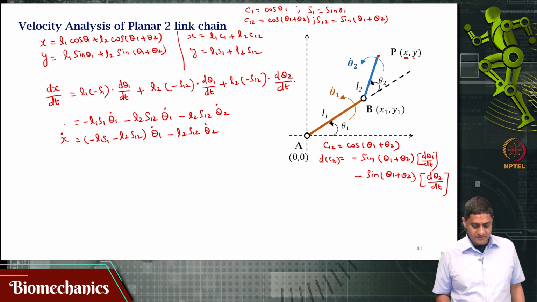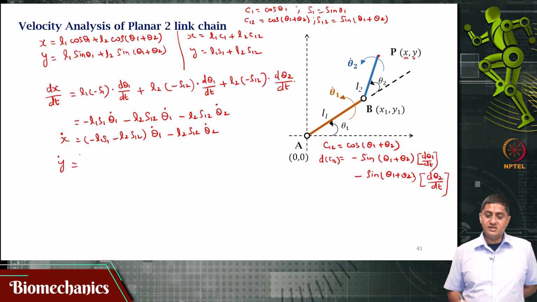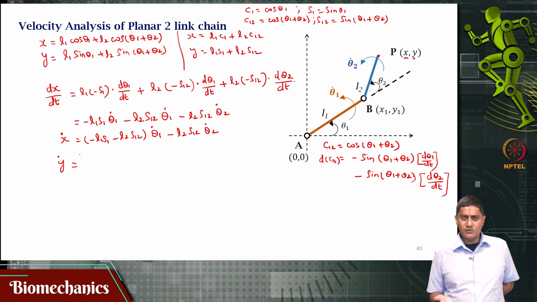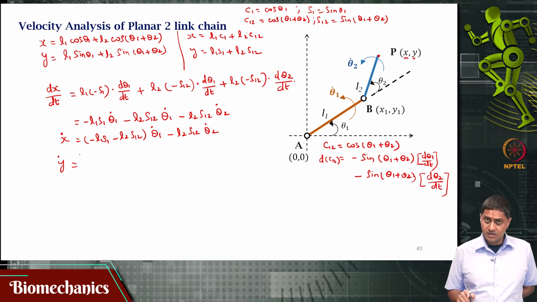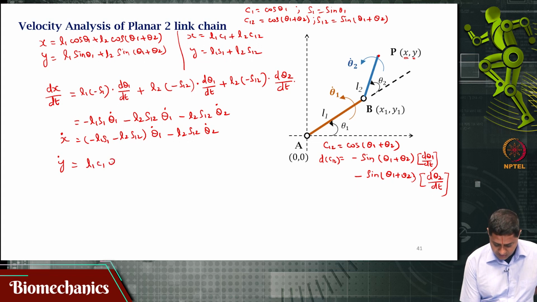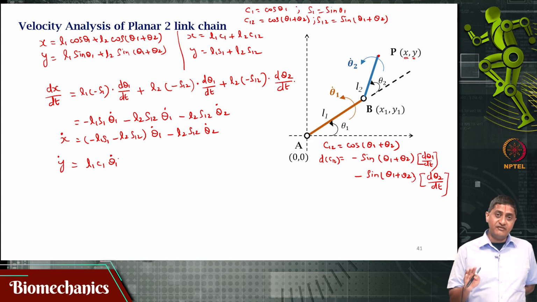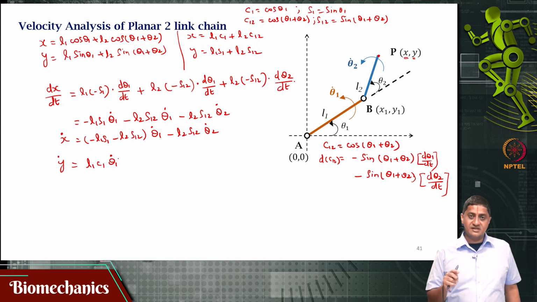Now, the question is what is y dot? Similarly, differentiating L1 S1, I will get L1 C1 times theta 1 dot. So I am writing y dot as L1 C1 theta 1 dot, plus L2 S12, because there is a sine of theta 1 plus theta 2. That differentiation will have two components, a theta 1 component and a theta 2 component.